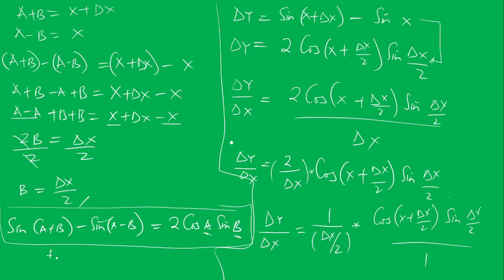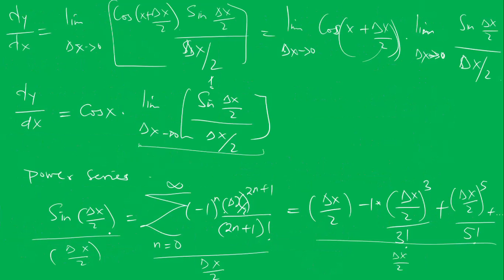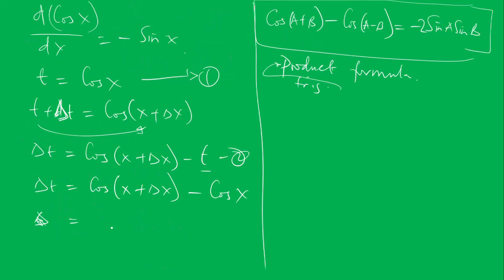This is also a trig product formula, not rule. So there is also a link in that video. In a single video you have this proof. This one and this one are proved in that video.